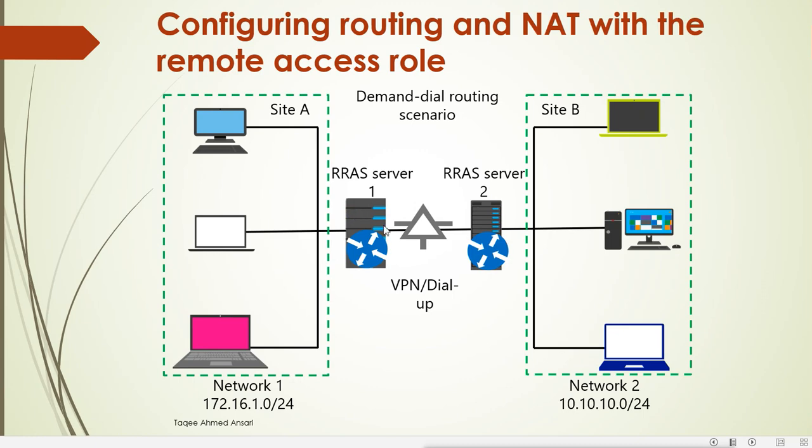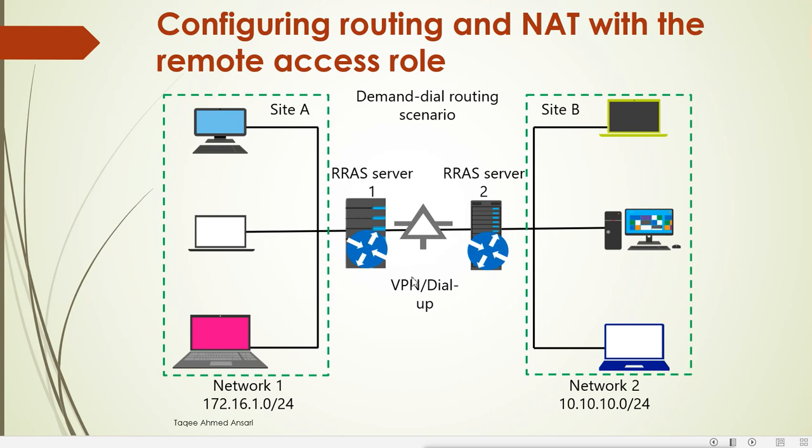Then we can use it for the demand dial-up routing also. In this scenario, network 1 is a local network and network 2 is on the other side, in another country or another city, maybe site A and site B, and those sites are connected together with the WAN network or internet connection. And we are using the dial-up connection.